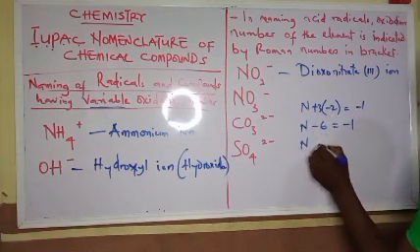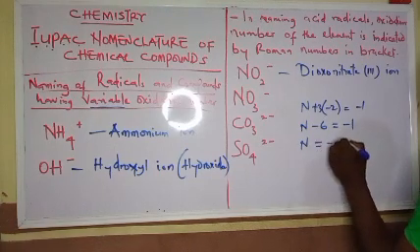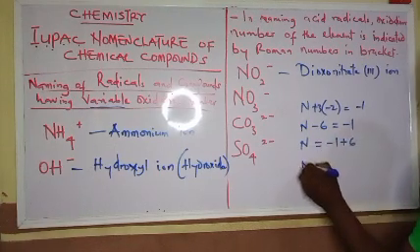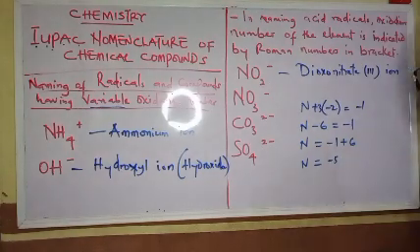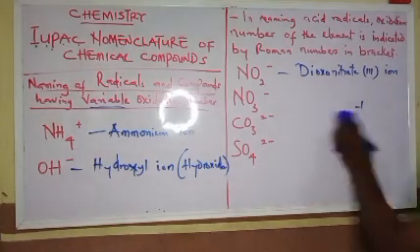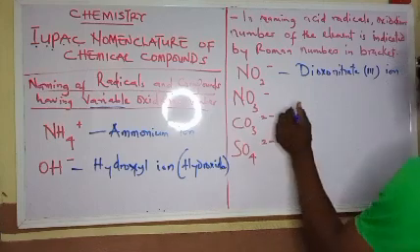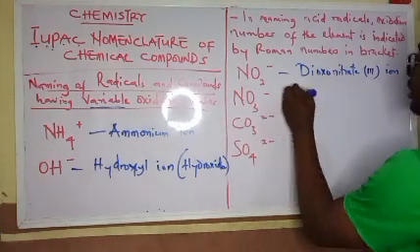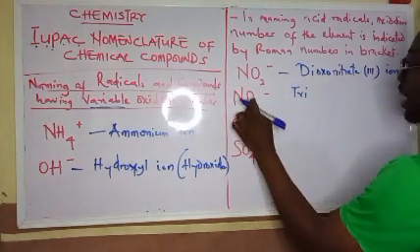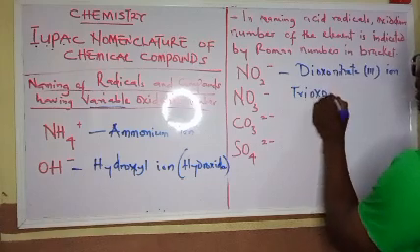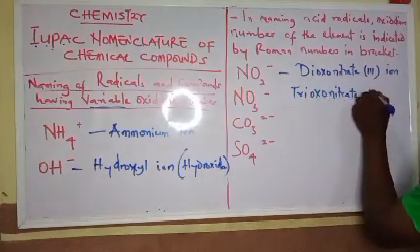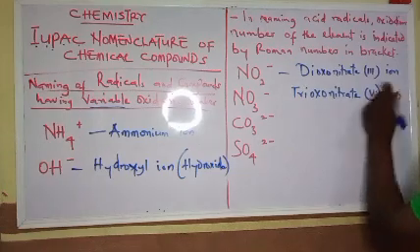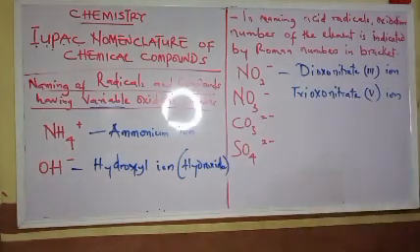So N becomes -1 plus 6, so N becomes 5. Therefore, the oxidation number of nitrogen here will be 5. So this becomes trioxonitrate(V) ion.